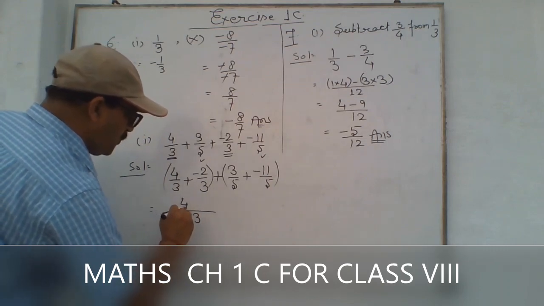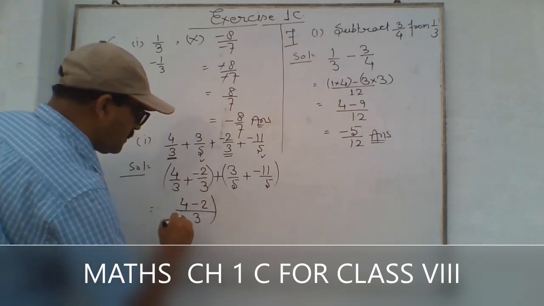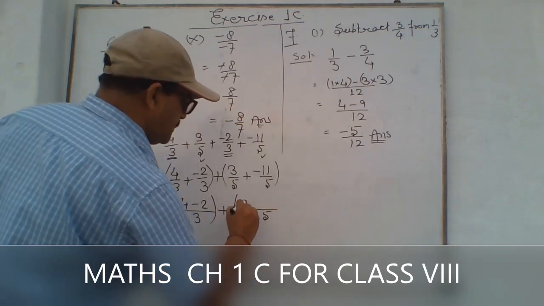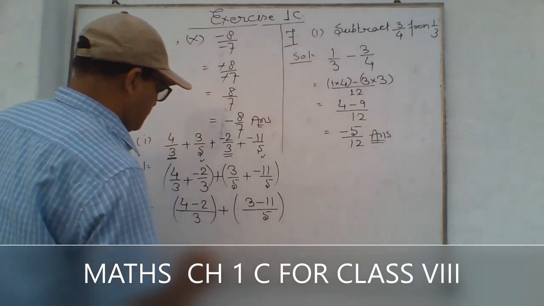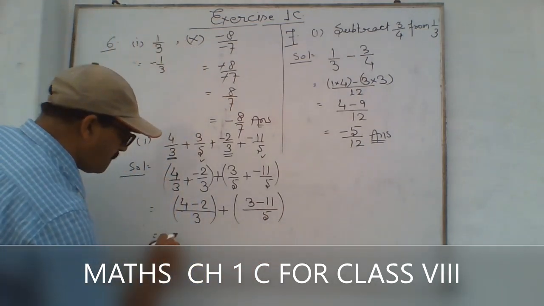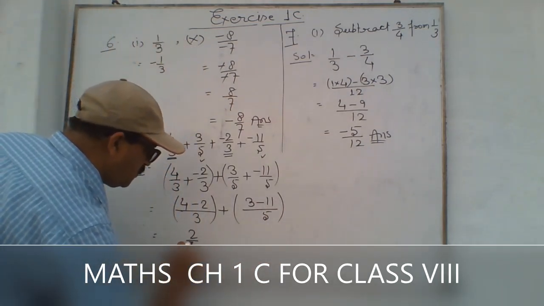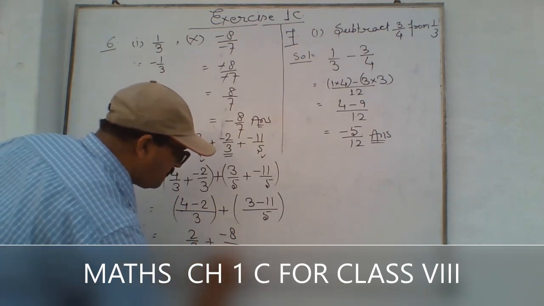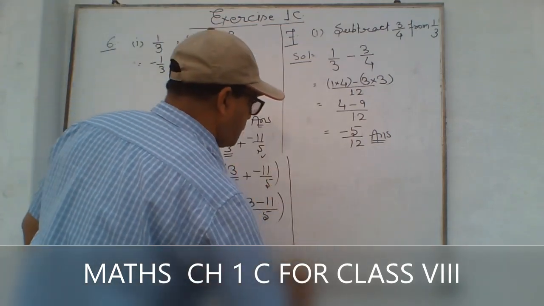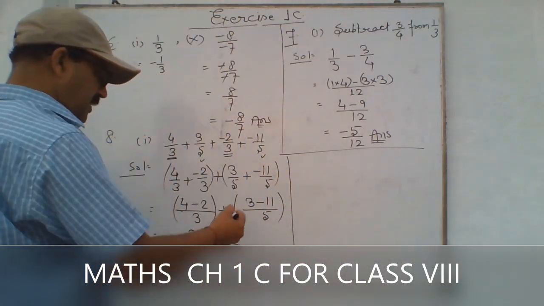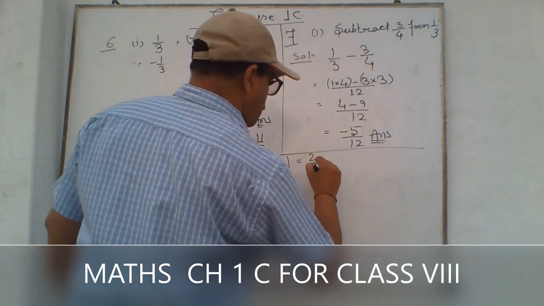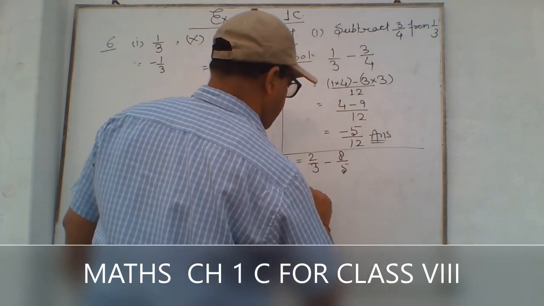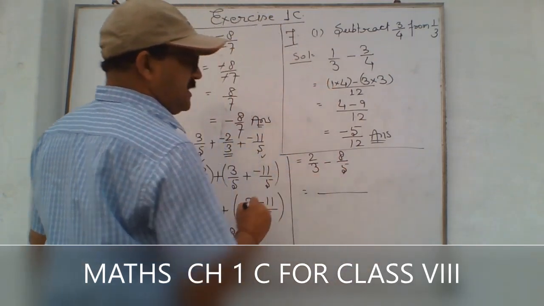So 4 plus minus 2, plus 3 minus 11. That gives 2 by 3 plus minus 8 by 5. Here, 2 by 3 minus 8 by 5. Take the LCM of 3 and 5.